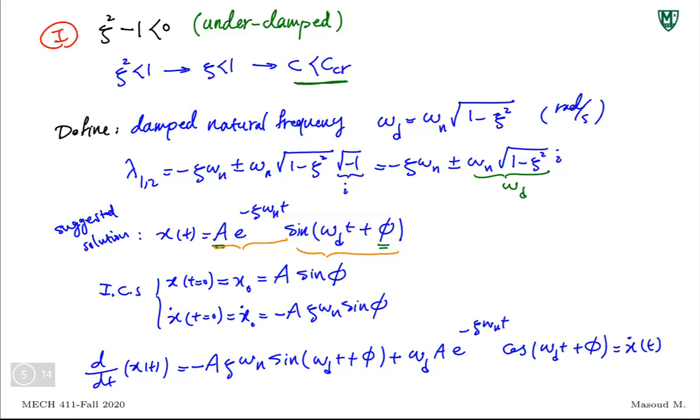Just want to make sure that I got the same thing. Yeah, okay, good. Plus, I put t equals 0 here. This element e to the minus zeta omega n t is gone. Cosine omega d t becomes cosine phi. So it becomes omega d A cosine phi, right?